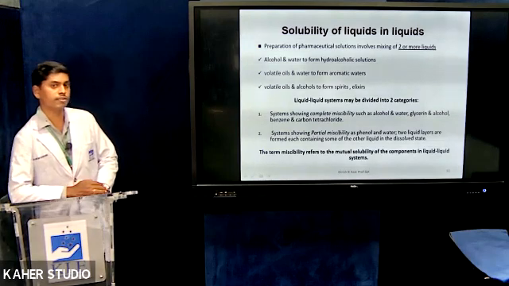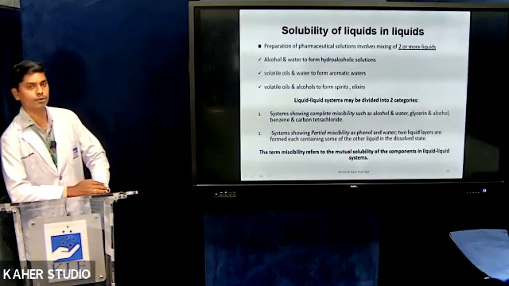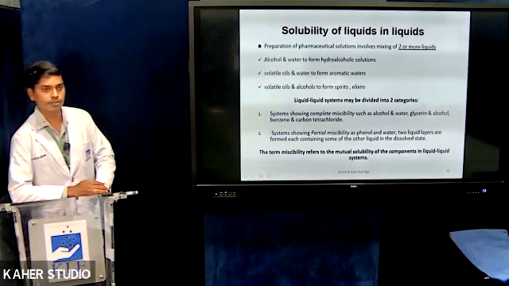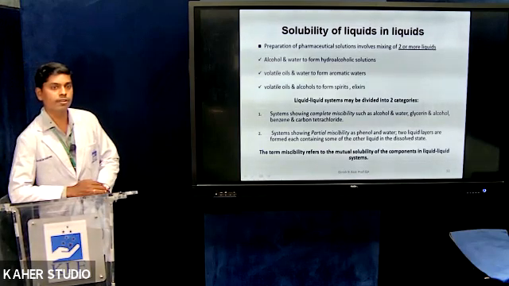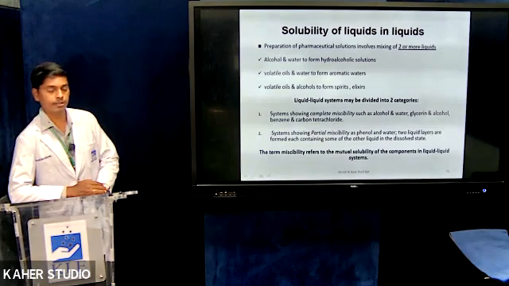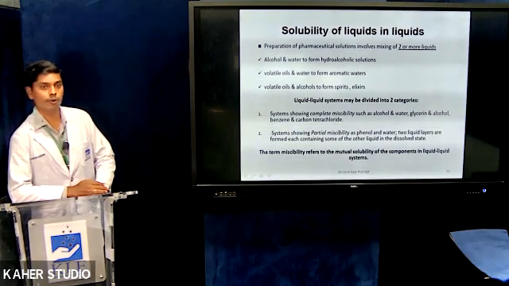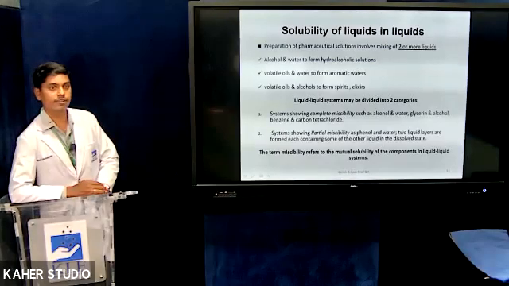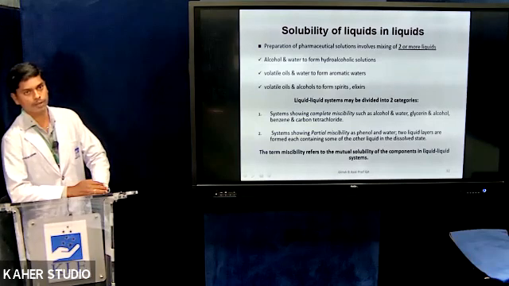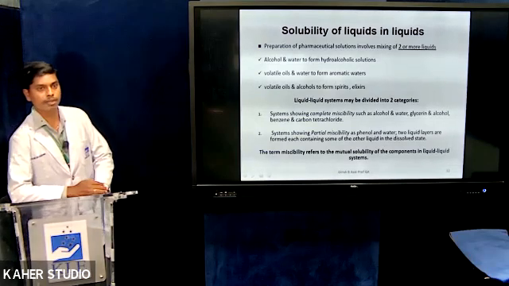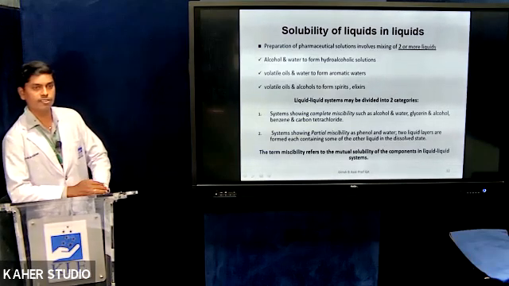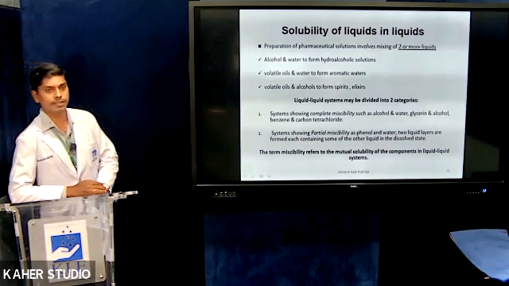These liquid-liquid systems may be divided into two categories. The first is systems showing complete miscibility, such as alcohol and water, water and glycerin, or benzene and carbon tetrachloride, which form miscible liquids. The second is systems showing partial miscibility, such as phenol and water.